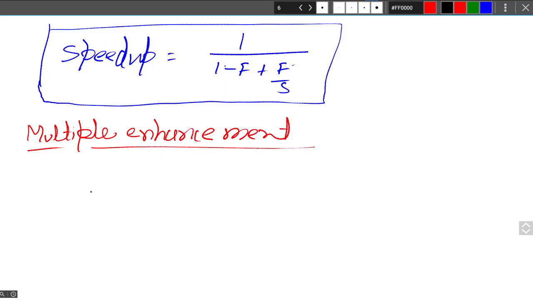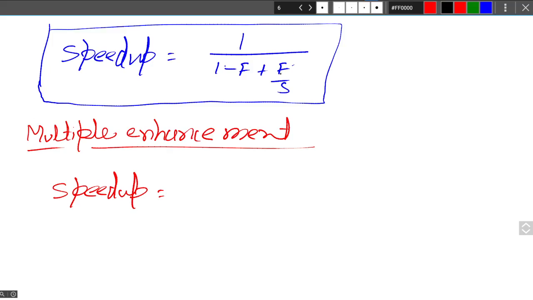In that case, your speed up will be, here you have to understand that in place of one f upon s, you will have multiple f upon s.